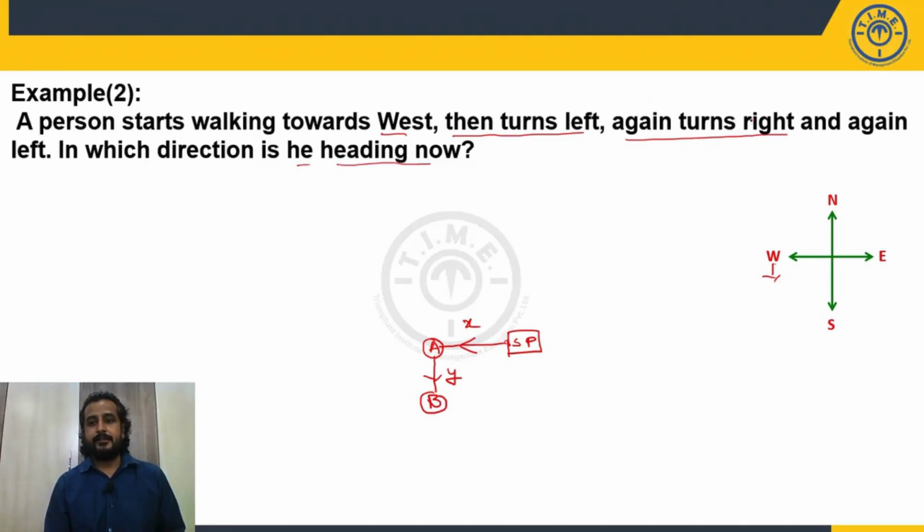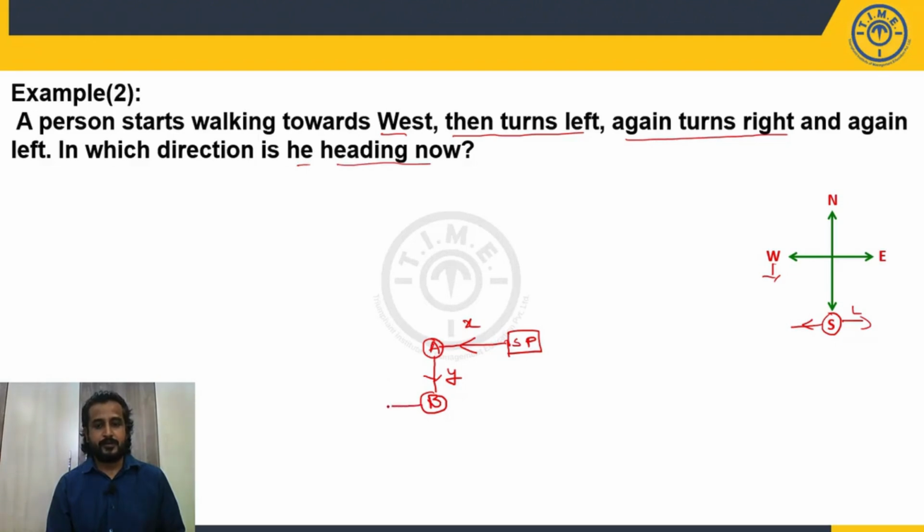And he reached point B. And again turns right. Now he is at point B. So from this point he is traveling towards which direction? Right side. Earlier he was moving towards south to reach point B. So now he is moving towards the right hand side. So what will the right hand side be? Left hand side will be east. Right hand side will be west.